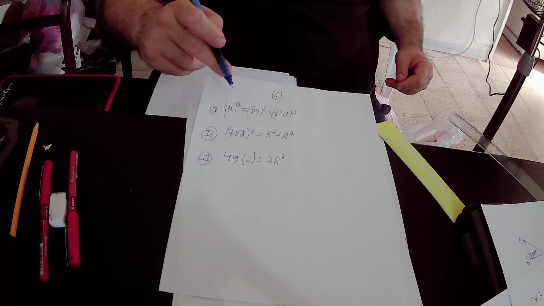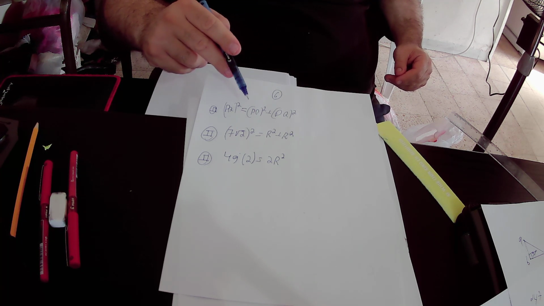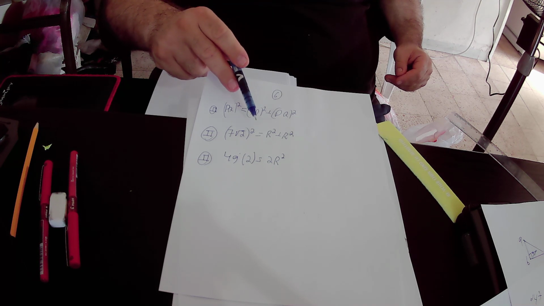Seven times root 2, actually 7 square is 49, and root 2 square equals 2.